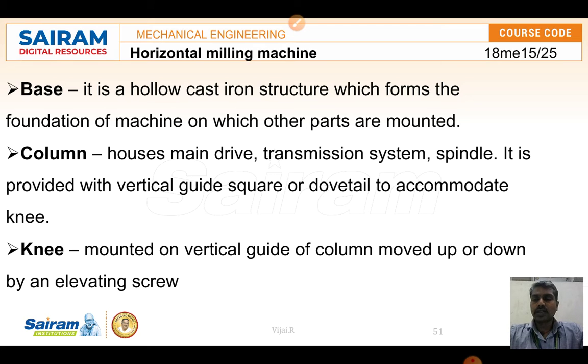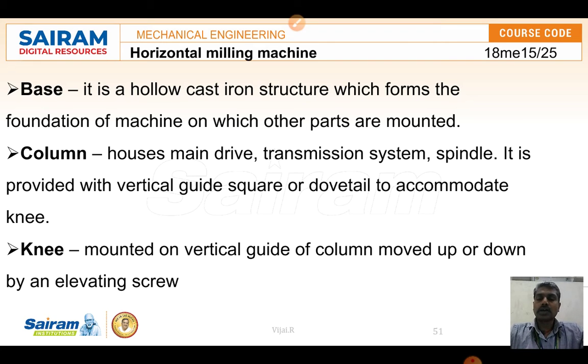For the construction of all of this, we need the base. The base is the main thing, made of hollow cast iron, and it is the foundation of every machine, useful for absorbing all the vibrations of the machine parts.